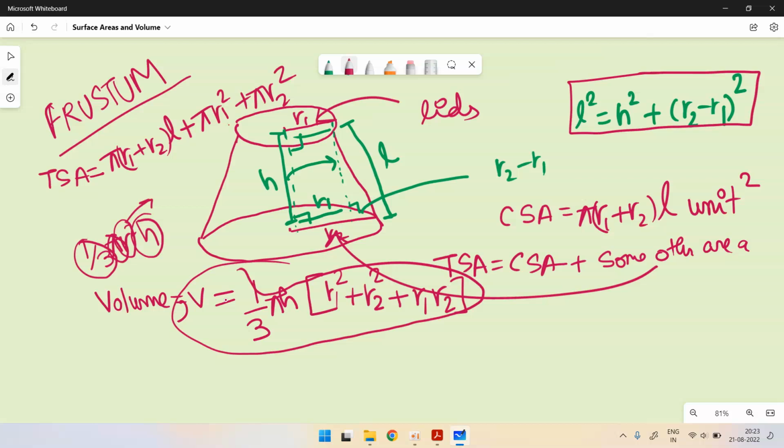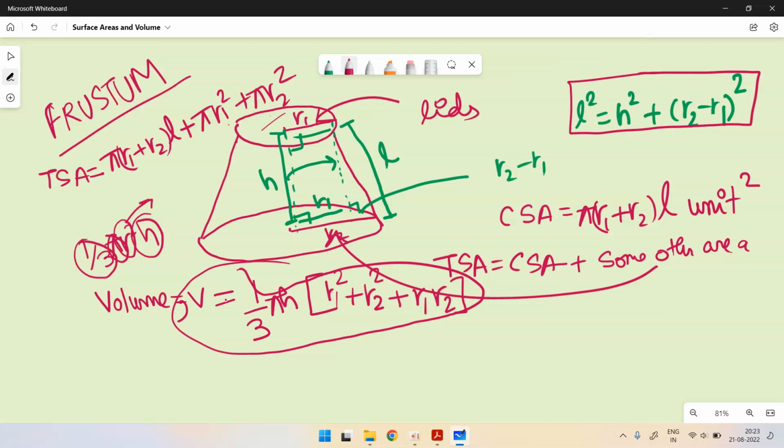See how simple that is? Here you remember pi r l, with r written as r1 and r2, so pi (r1 plus r2) l, and then add the area of the lids. If one lid is absent, remove it from here; if the other lid is also absent, remove it too. So simple.